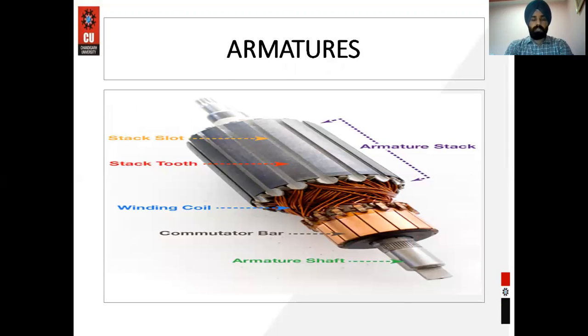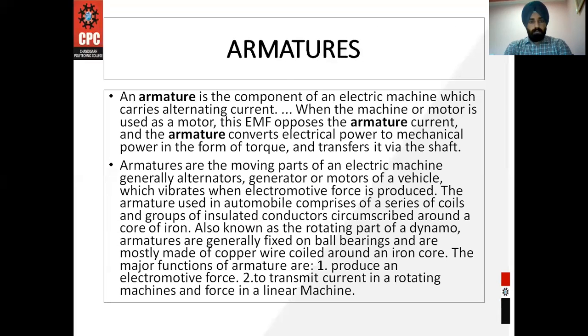First of all, we will discuss armature, and this is the picture of armature. An armature is the component of an electric machine which carries alternating current. When the machine is used as a motor, then EMF opposes the armature current, and the armature converts electrical power to mechanical power in the form of torque and transfers it by the shaft.